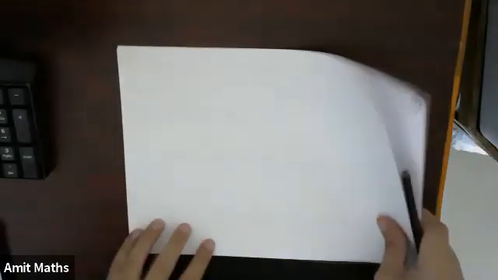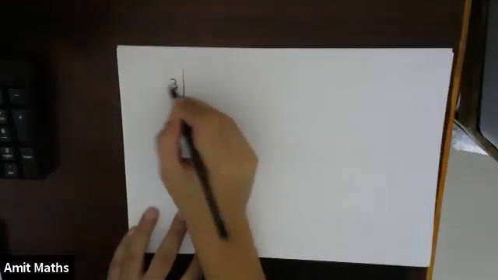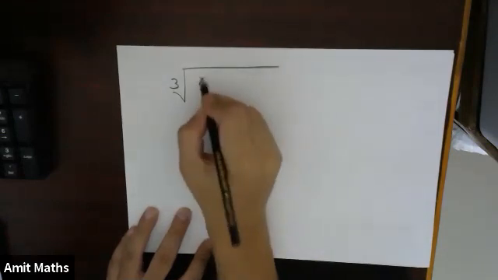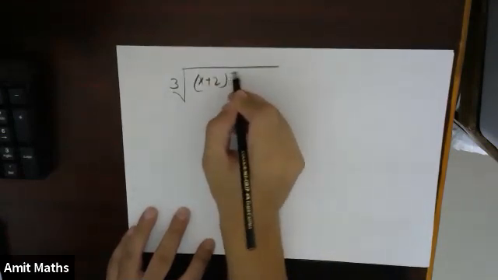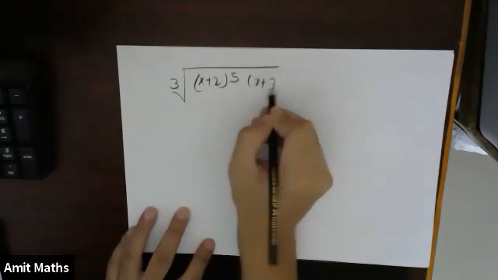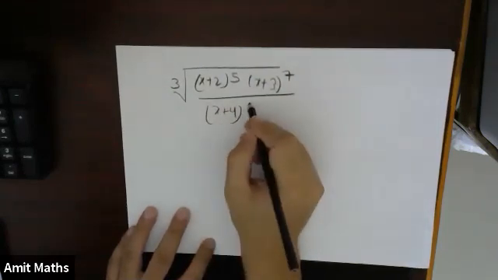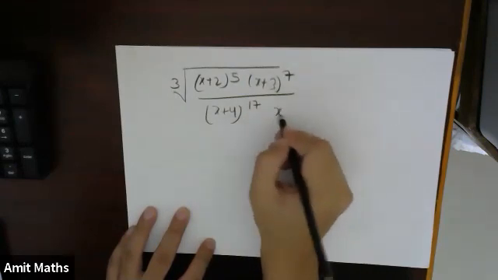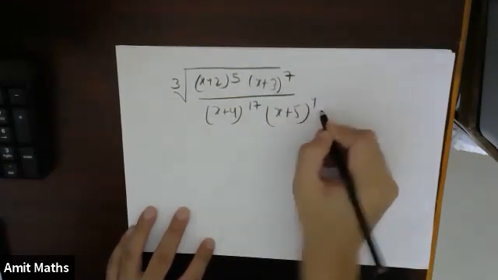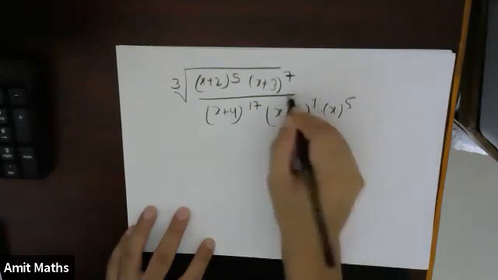In the third question, I have given odd root of (x plus 2) to the power 5, (x plus 3) to the power 7, (x plus 4) to the power 17, (x plus 5) to the power 4, and x to the power 5.